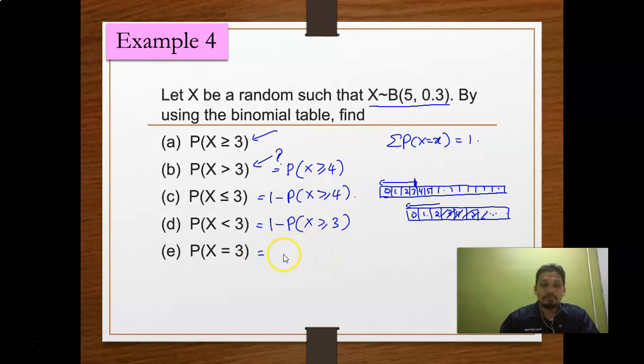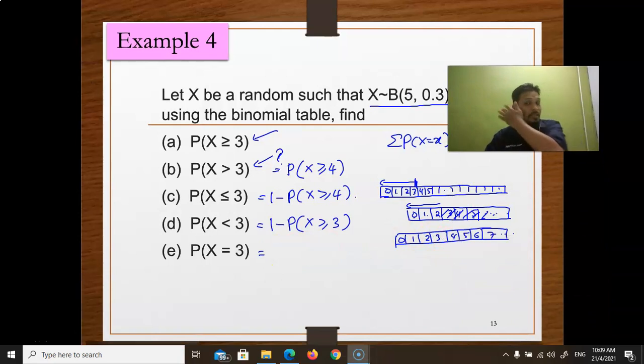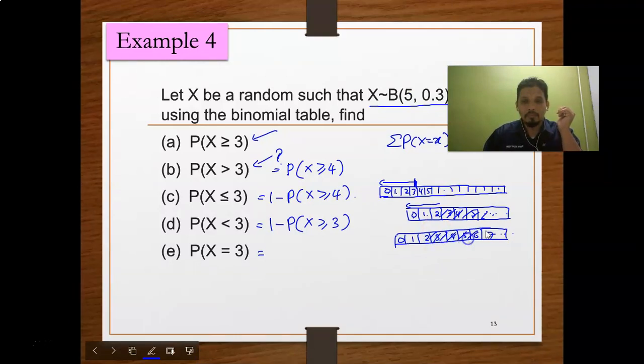And what about the probability of x equal to 3? Just imagine it is the probability of x equal to 3 minus the probability of x starting from 4.